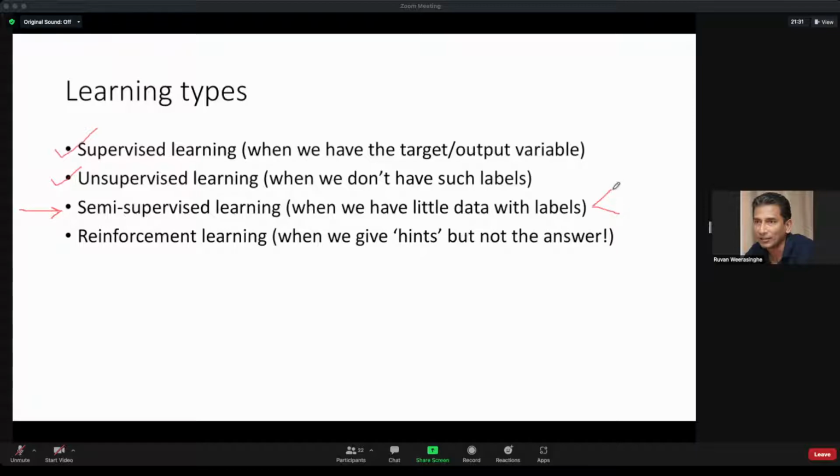One is you can do clustering with the full data set, and then you can see how the data points with the labels fall into the clusters, right? If the data points with the labels fall into the different clusters in a way that corresponds to the labels, then we are happier, right?